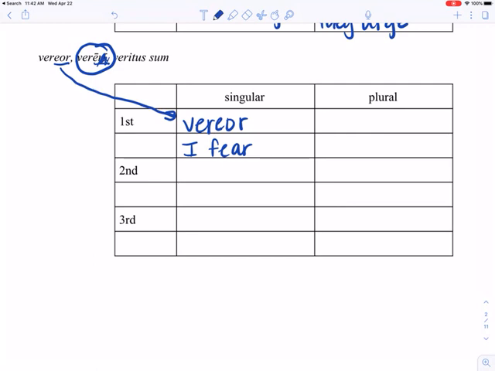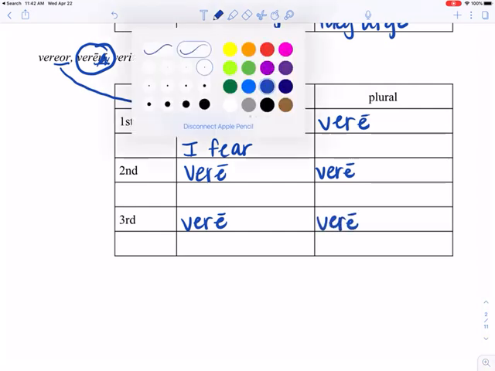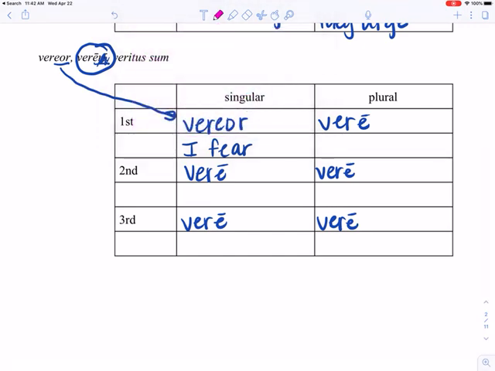Okay. All right. So then I'm going to take vere and I'm going to put it in as my stem. Okay, and we'll change colors, and let's go to the hot pink. So we're going to add ris for second singular, so we have vereris. Again, that's a mouthful, so you fear.